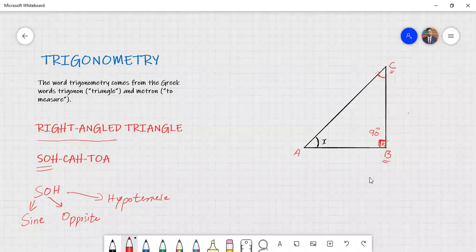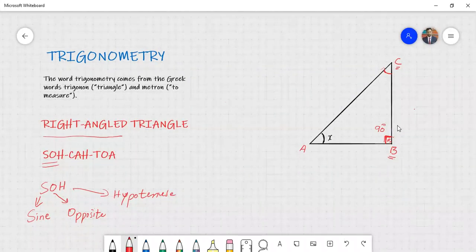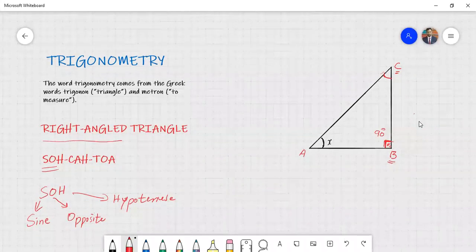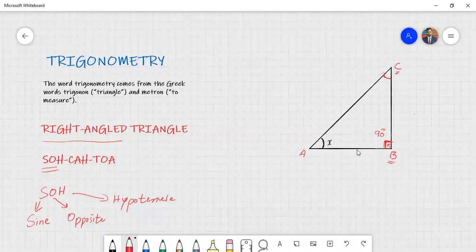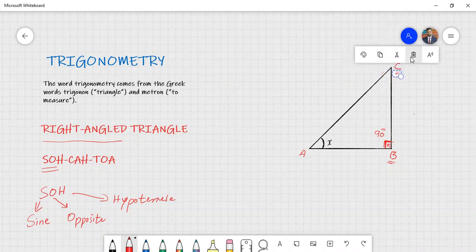So first we have to know which side is opposite and which side is adjacent. There is a very simple way to know this.